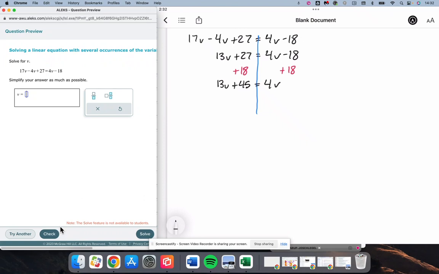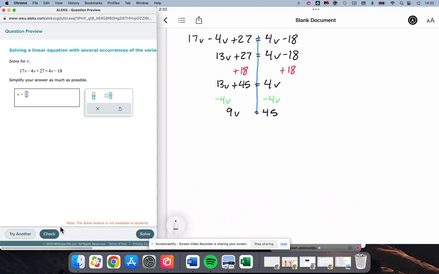Okay, now I have variables on both sides, and so I do need to move that. I do need to isolate the variable, which means to get the variable on one side. And so what I often see students do is they subtract 4v, and then magically they decide to move the equal sign and say, okay, now this is 9v is equal to 45. Well, we can't do that.